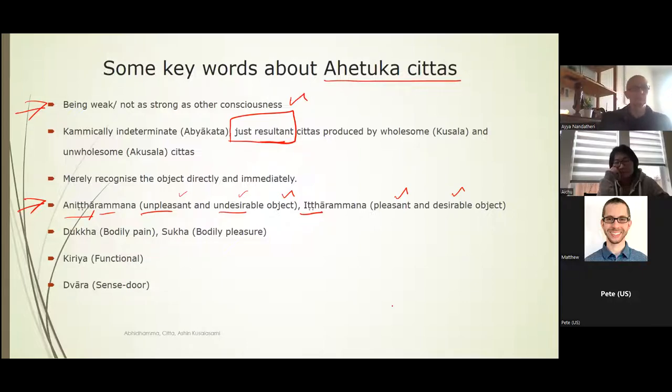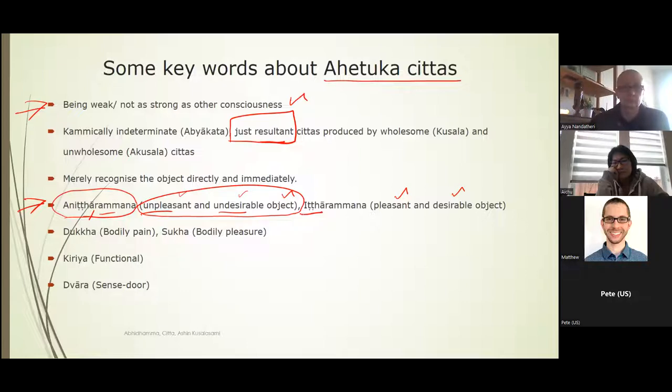According to the Abhidhamma, when you see an Anittha Ramana, an unpleasant and undesirable object, you don't need to blame other people. It is just the result of what you did in the past, the result of unwholesome akusala chetas.